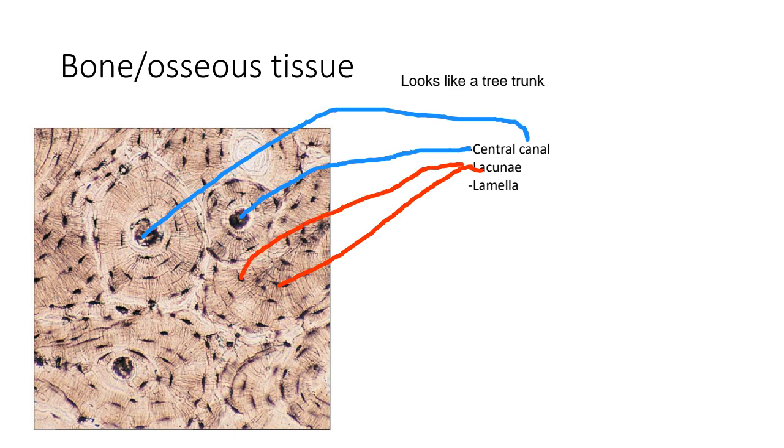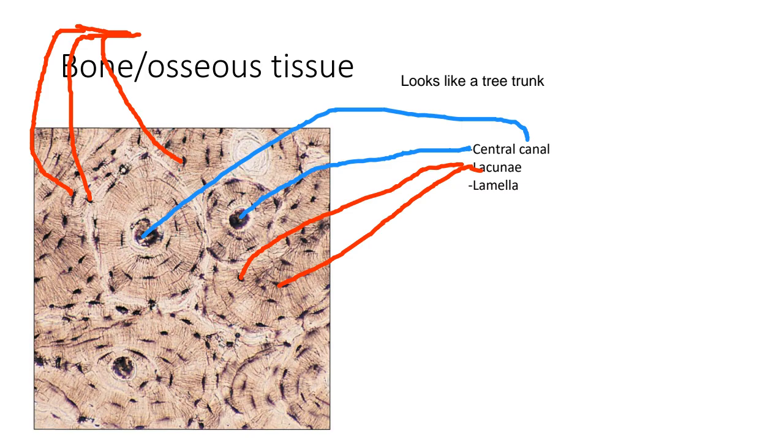Any of these black dots right here. They're everywhere. Those are called lacunae.